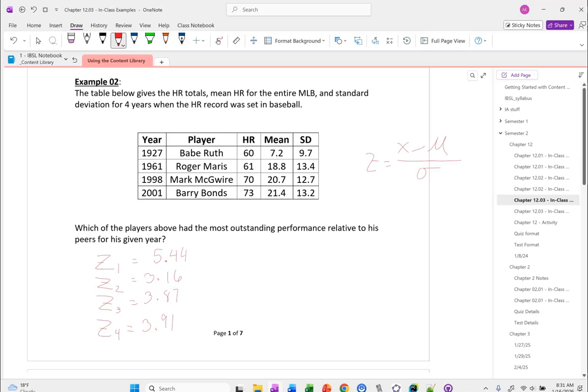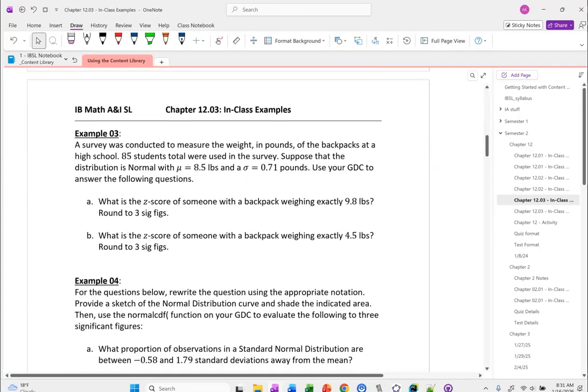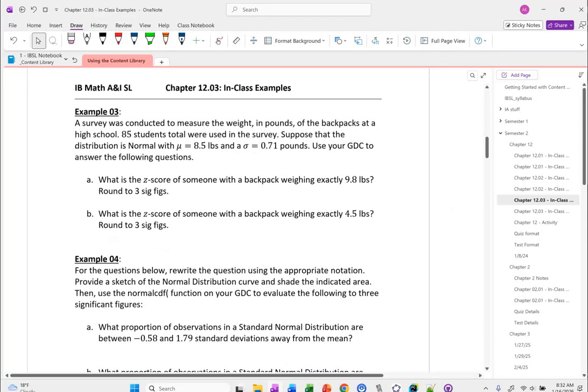Any situation where you're going to compare things that have different conditions is a good use. I'm going to skip 3 because it's again just another z-score problem.